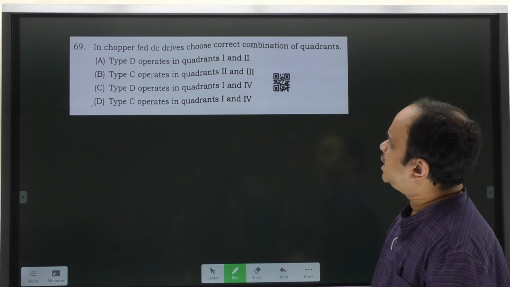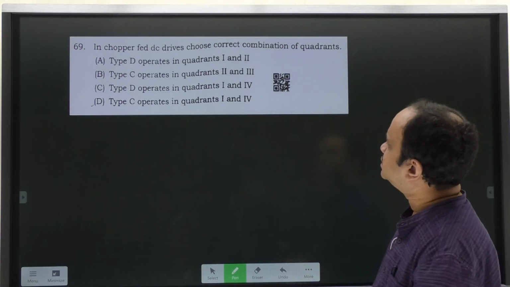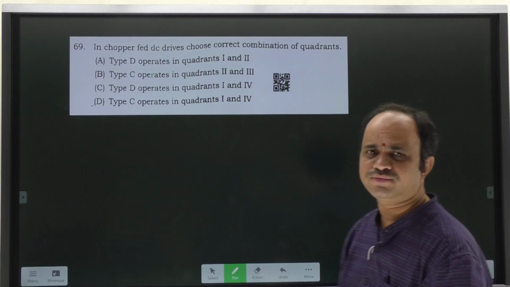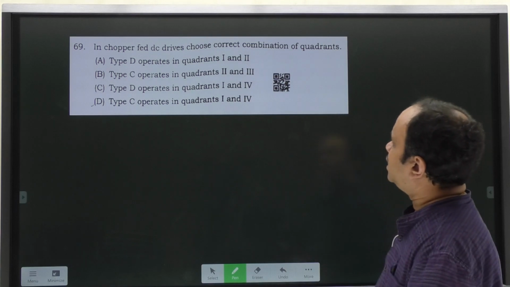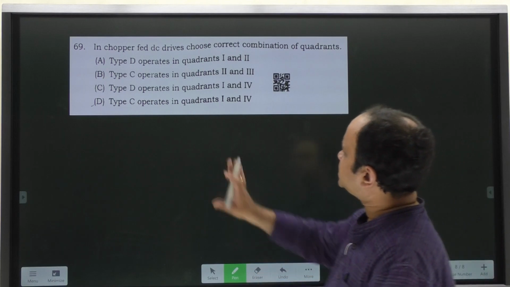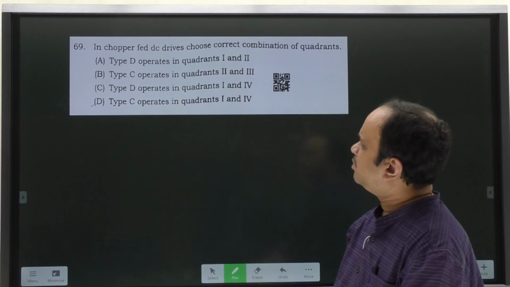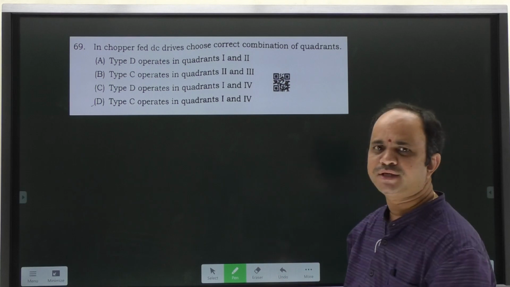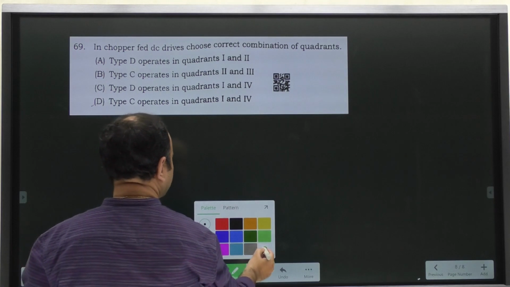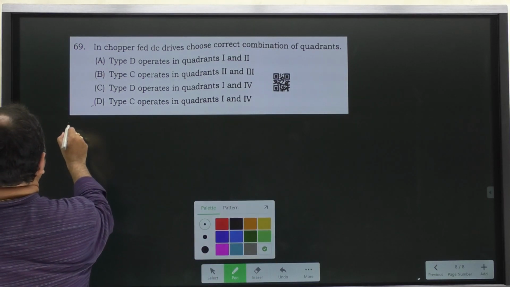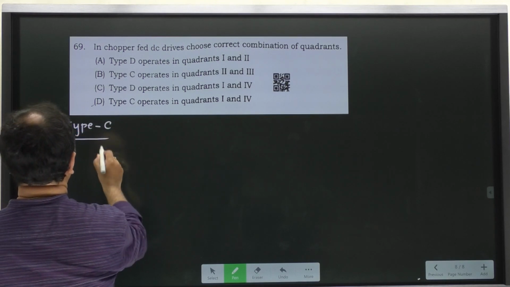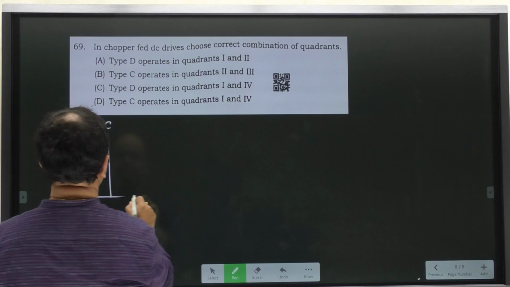Next question, in chopper fed DC drives, so don't be confused by the word DC drives, it is a basic application of any chopper circuit. Choose the correct combination of quadrants. The first observation from all these options is that two choppers are addressed here, type C as well as type D. So before that, if you look into the quadrant characteristics of type C, it will give you the quadrants of operation.